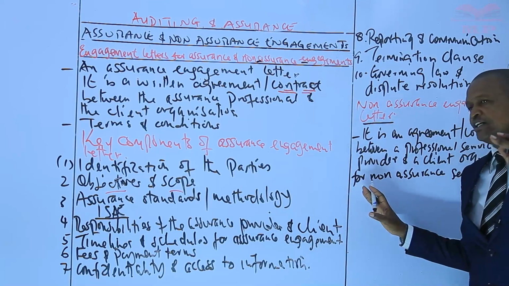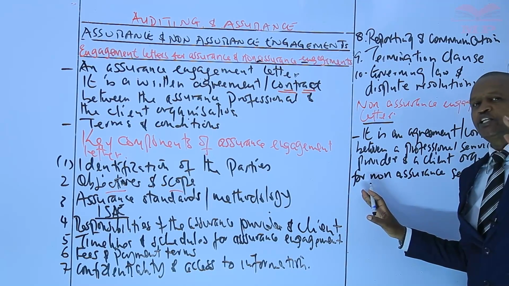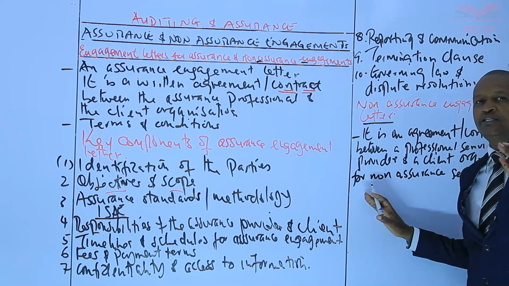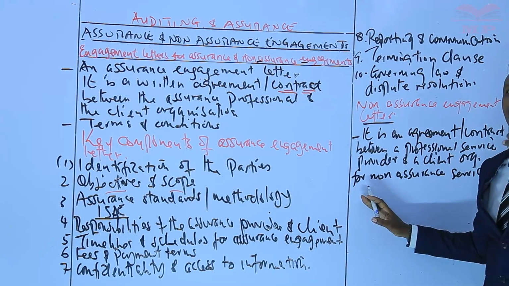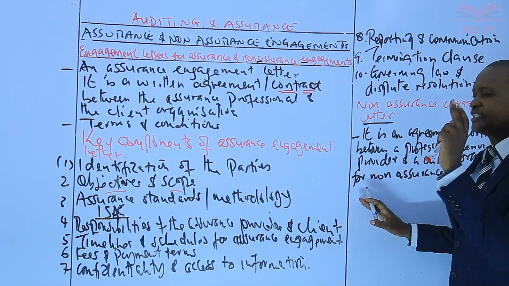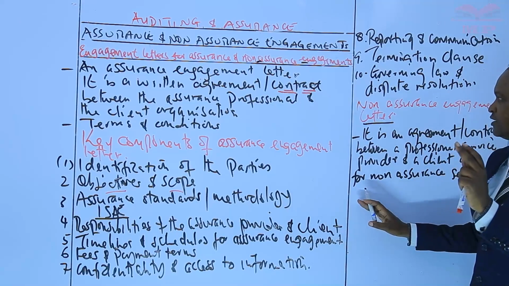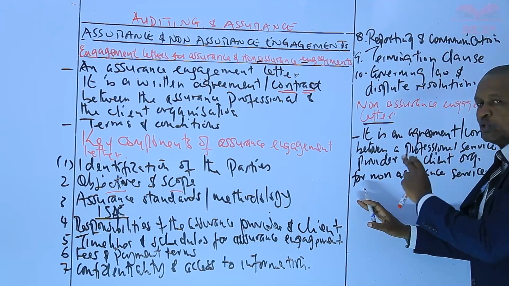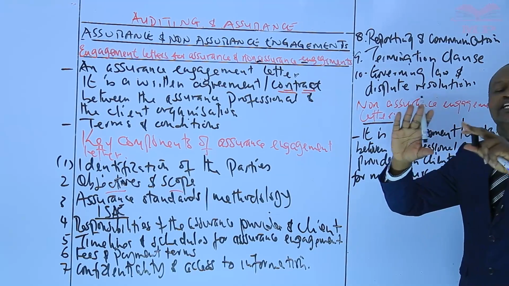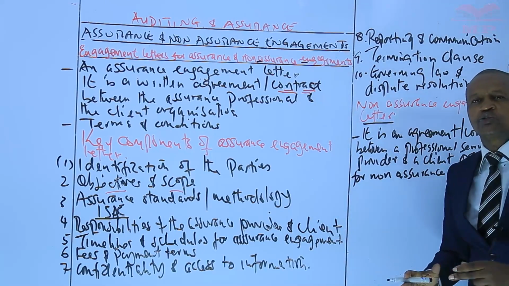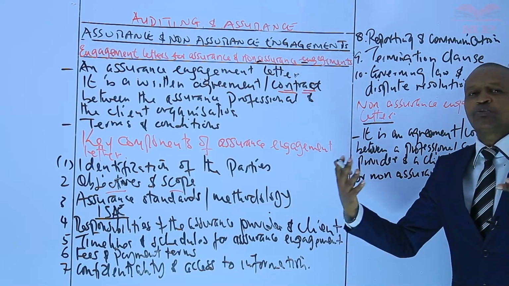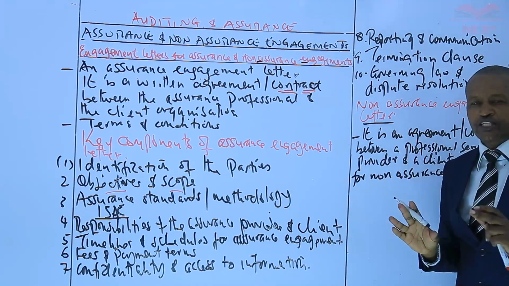And unlike an assurance engagement, which involves evaluating and providing assurance on a specific subject matter, a non-assurance engagement encompasses a broader range of services that do not require providing assurance or expressing an opinion on the outcome.